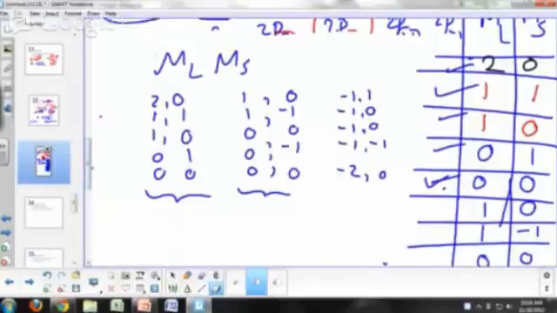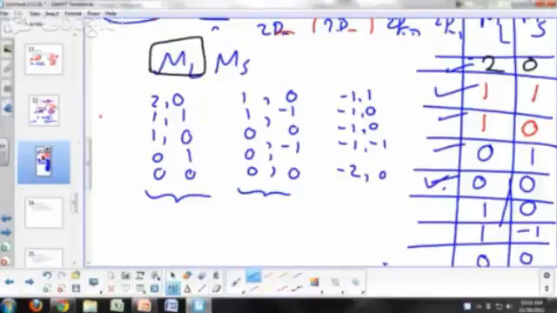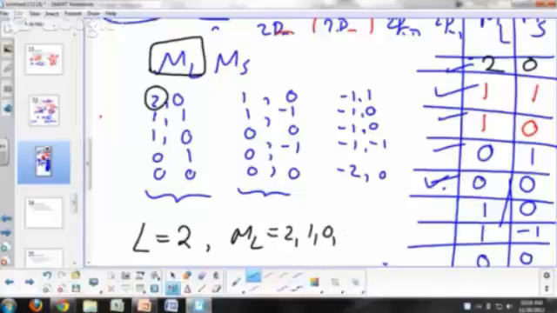All right. What is the largest M sub L value among these M sub L values that we have here? What's the largest one that you see? 2. So that must be part of a set for L equals 2, right? M sub L equals 2, 1, 0, -1, -2. Okay. For M sub L equals 2, what is the largest M sub S? There's only one. The M sub S is 0, right?